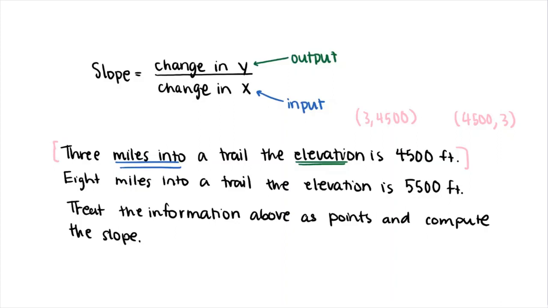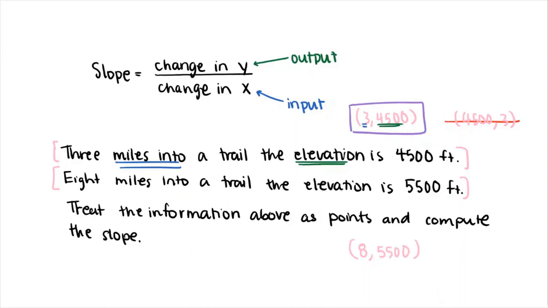So it's 4,500, in green here. It's my dependent quantity, and my 3 miles is my independent quantity. And I'm really going to be considering writing my point in this form, not so much this one. And so that would tell me that my second line corresponds to the point (8, 5,500).